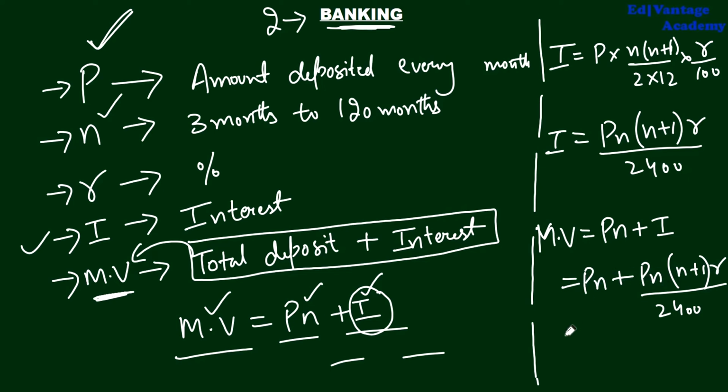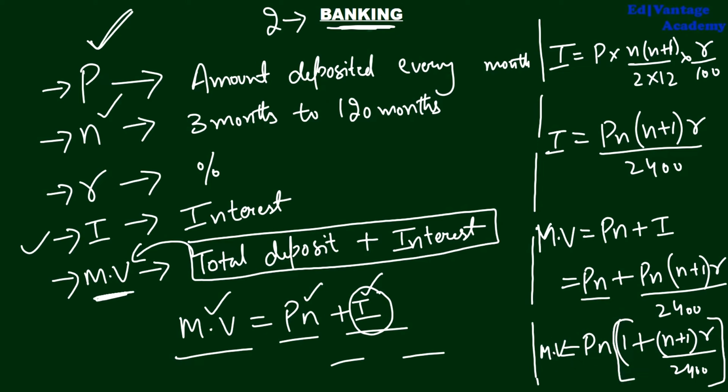I'll do a little factorization to make this formula easy. Can I take PN common, and here what is remaining? 1 is remaining. Here what is remaining? N plus 1 into R divided by 2400. This is what is remaining here. So it became my maturity value formula.